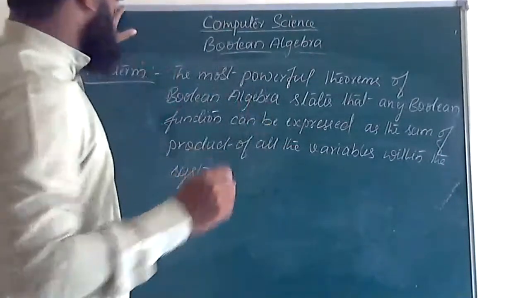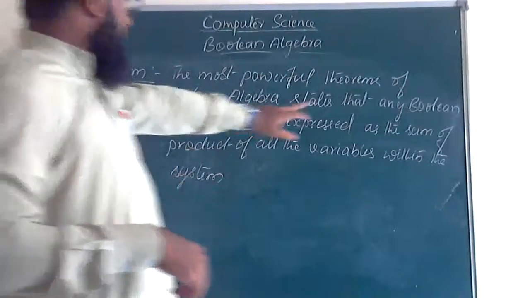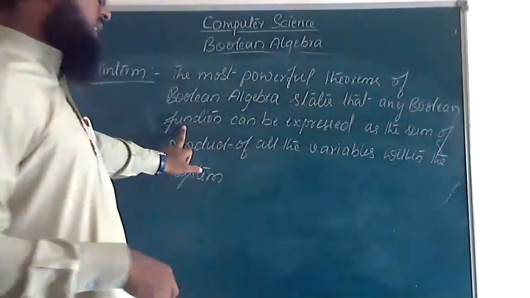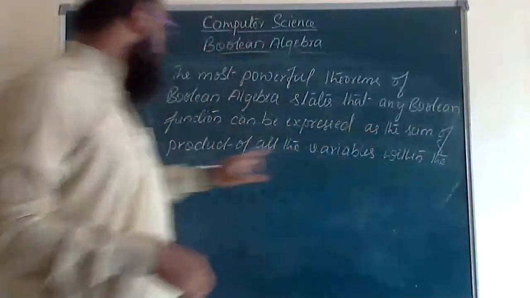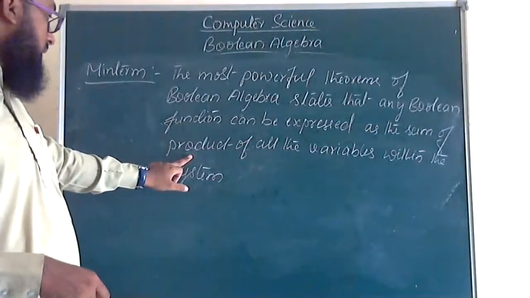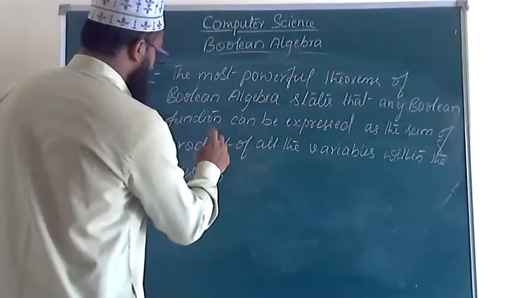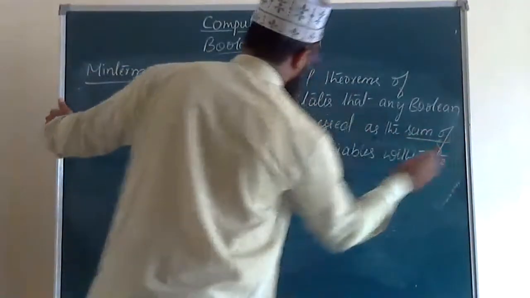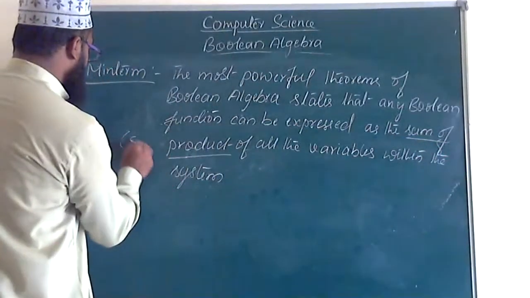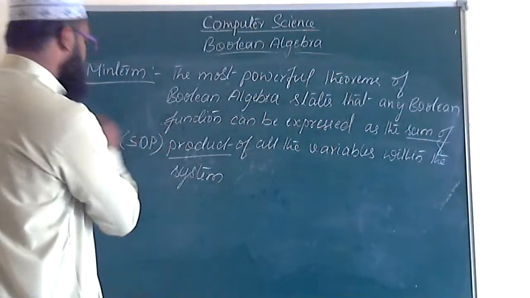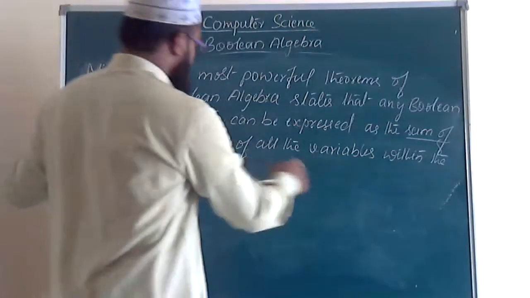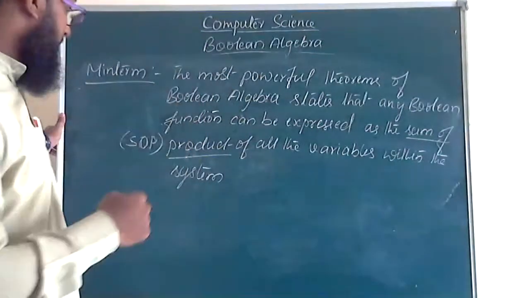Okay, look here. Any Boolean function can be expressed as the sum of product, in short called SOP form, sum of product, of all the variables within the system.